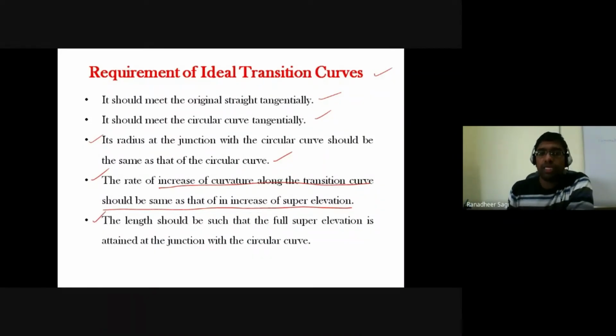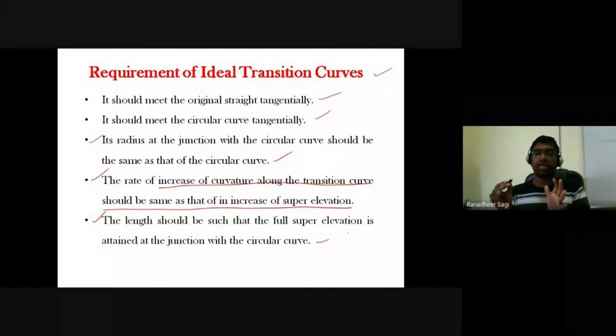The length should be such that the full super elevation is attained at the junction with the circular curve. So whatever the maximum elevation that you want to reach to avoid the effect of the centrifugal force on that particular vehicle, that so-called full super elevation has to be attained at the junction of that particular circular curve.